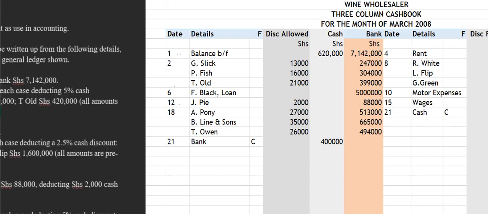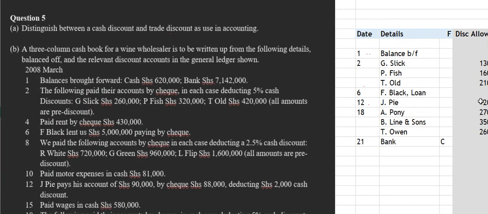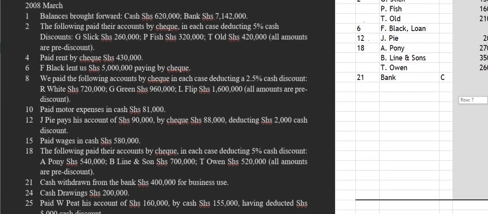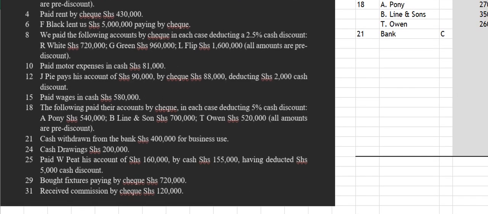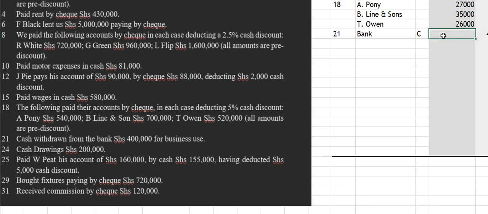We move to the next transaction. Cash drawings, 200,000. When you withdraw money from the business, you credit your cash book. This is on 24th.